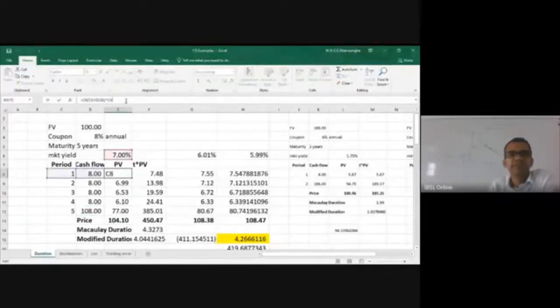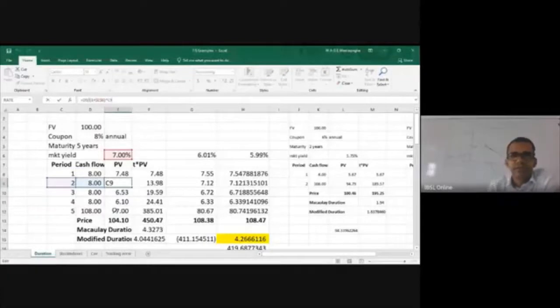You can see it is D8, this cash flow divided by 1 plus market yield to the power of time. You go to the second, you can see C9 is now 2.